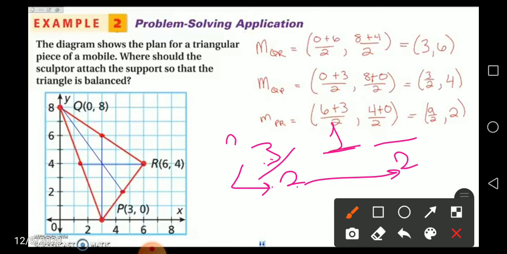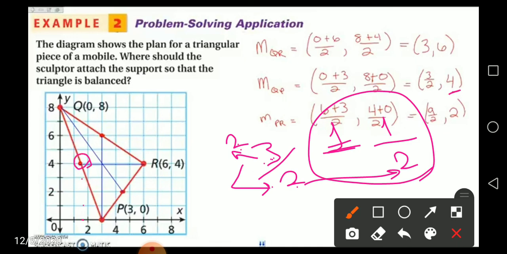The remainder, the difference between 3 and 2, is just 1. So it's 1.5. If you divide 3 among 2, everyone will take 1.5. So 1.5 for the x-axis, and for the y-axis 4, so go up until 4. So this is my new midpoint.